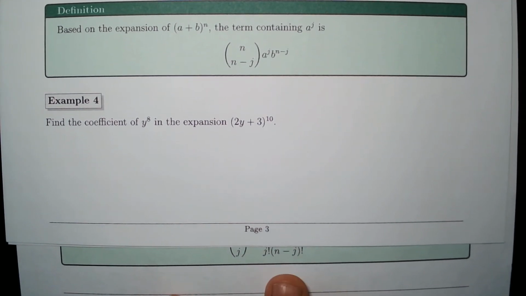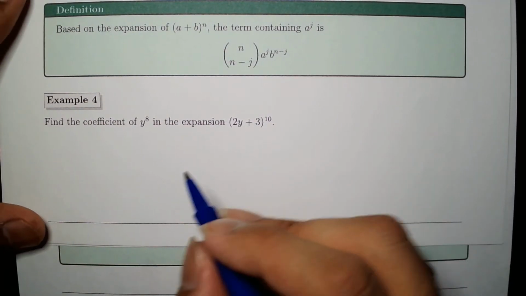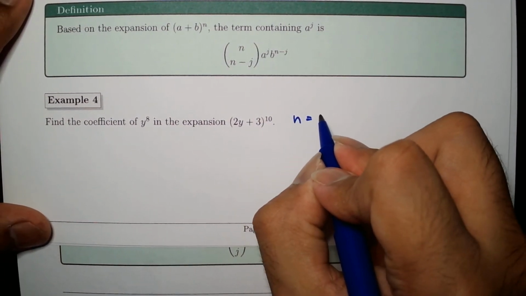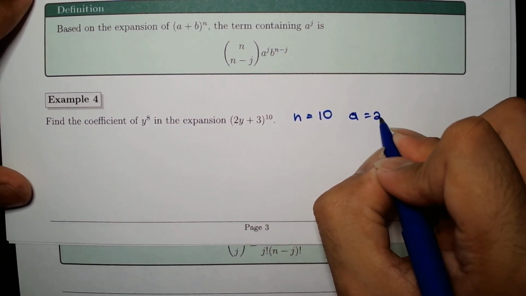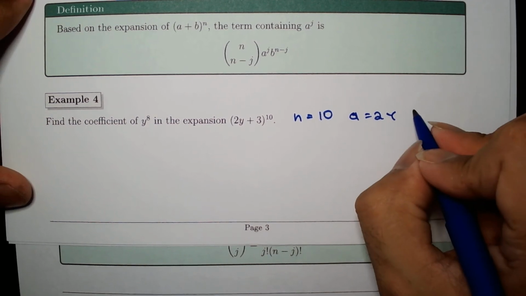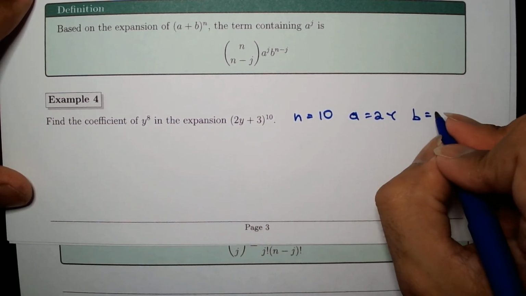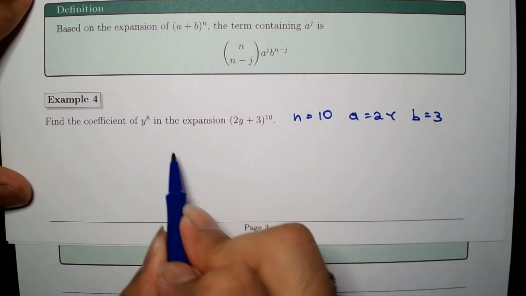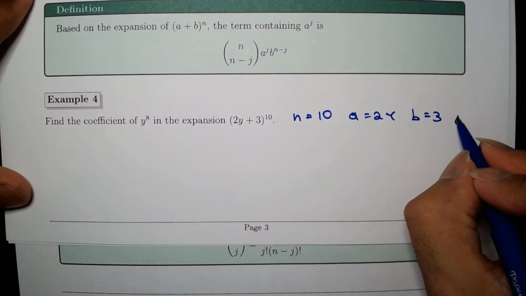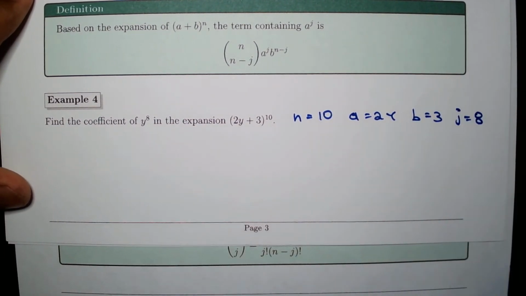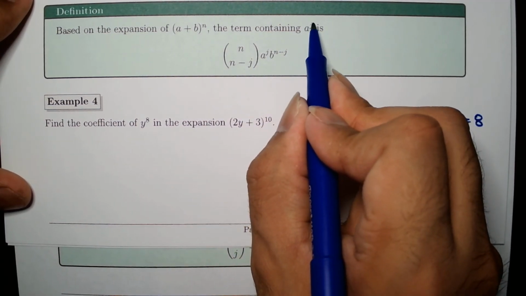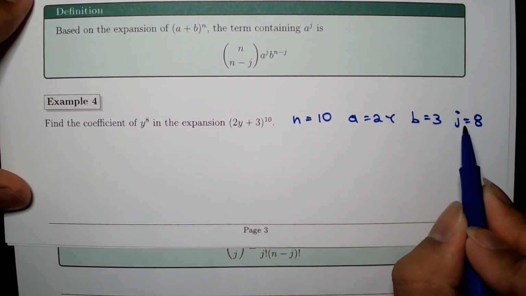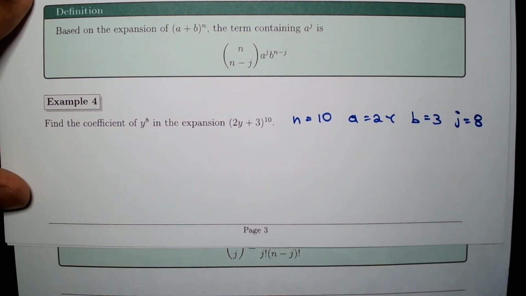So for example, in this case, we have n equals 10, a equals 2y, b equals 3, and j equals 8, right? So we're looking for the coefficient containing y to the power j, which in this case is 8.